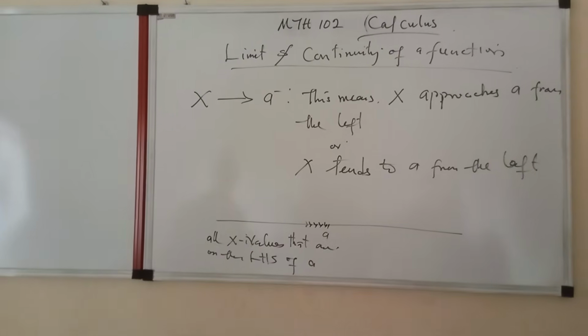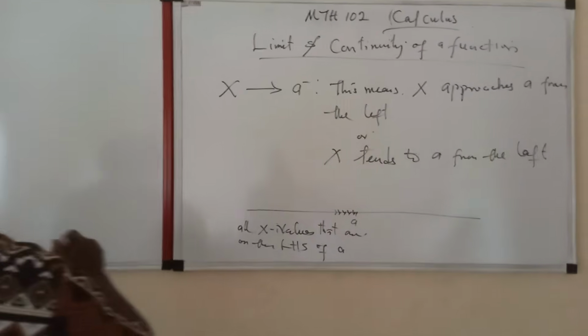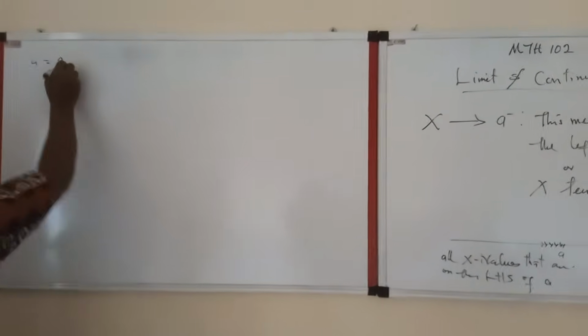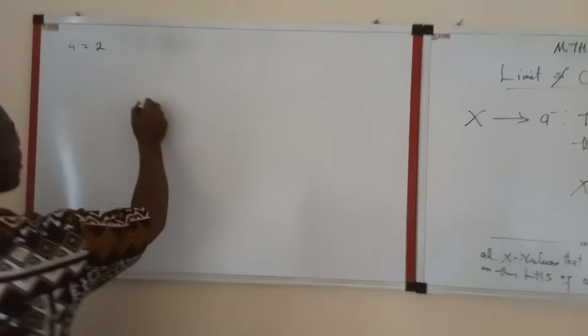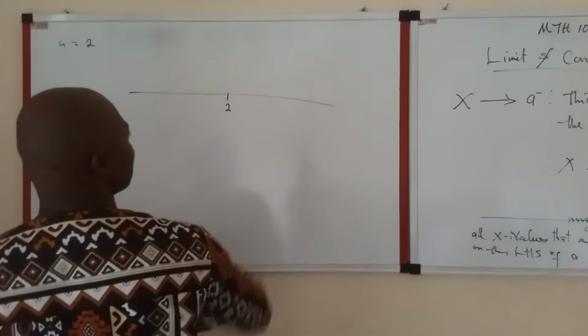Now, if that is true, then let our A be equal to 2. If A is equal to 2, then based on that graph, this point here will be 2.